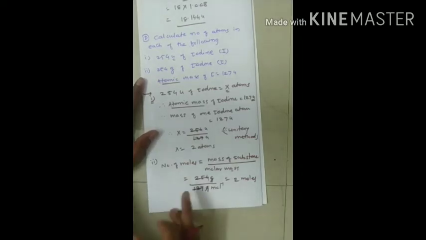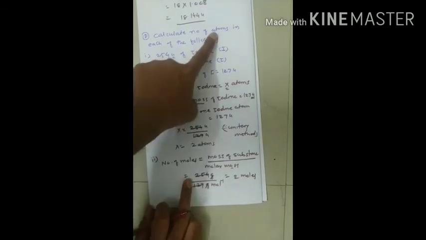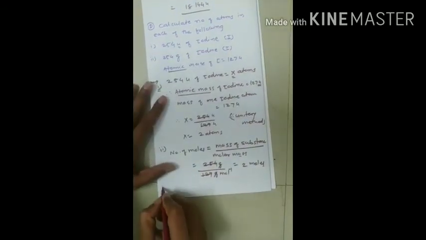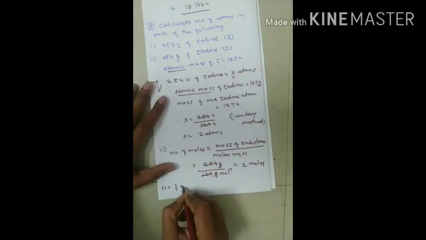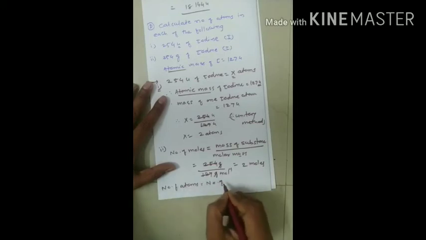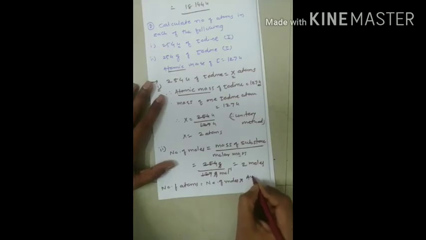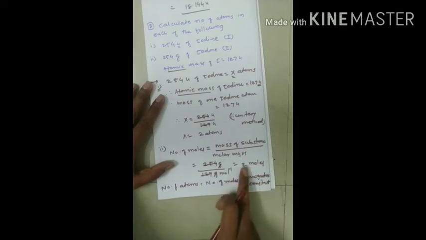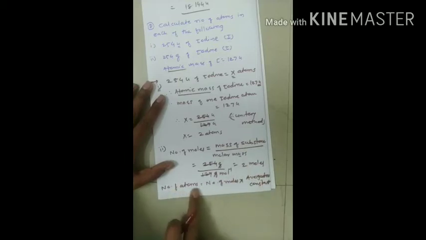Here we are interested in calculating the number of atoms. So number of atoms equals number of moles into Avogadro constant. When we multiply this number of moles, 2, into the Avogadro constant, that gives me the number of atoms.